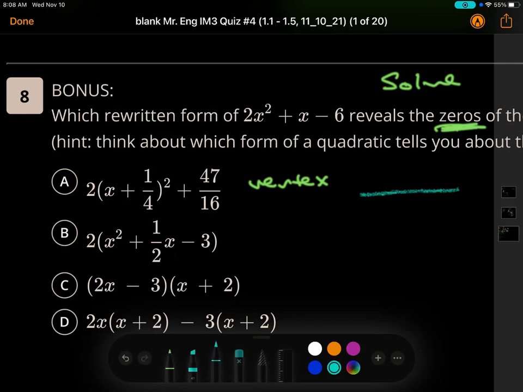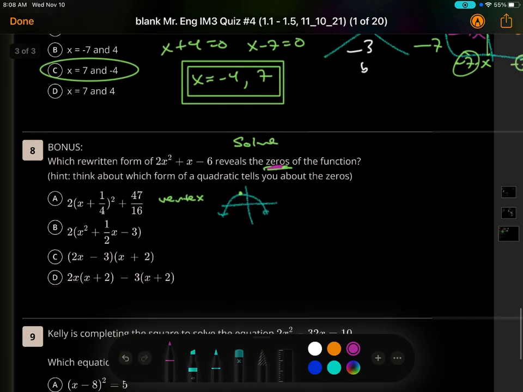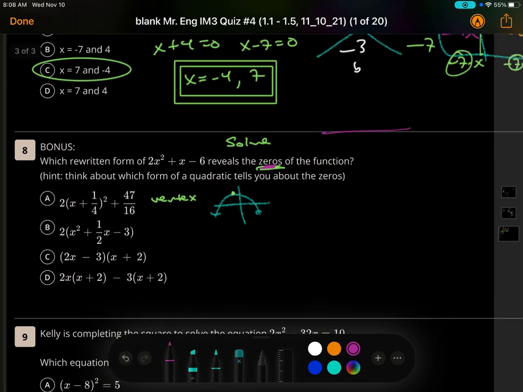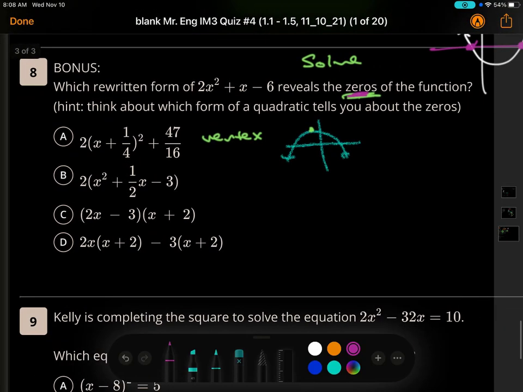The vertex is just going to help me find the maximum or minimum, but that doesn't tell me a 0. A 0, like we said before, is where it crosses the x-axis. So the pink dots, that's what we're looking for. So not that one. This one just took out a greatest common factor, right? They just took out a 2.